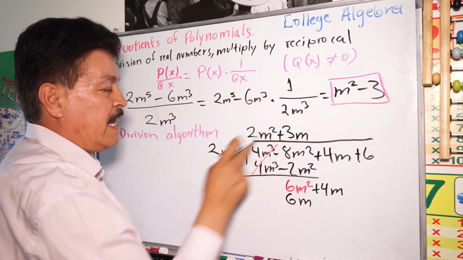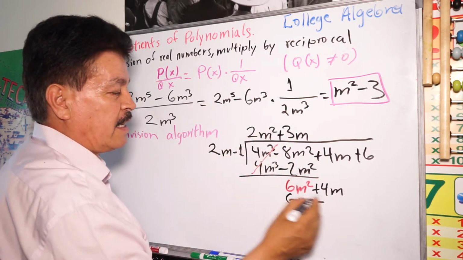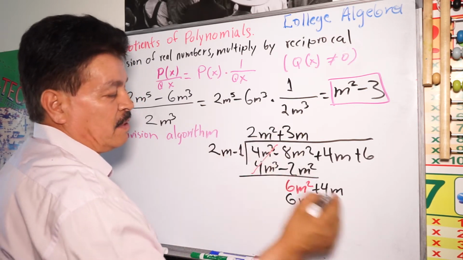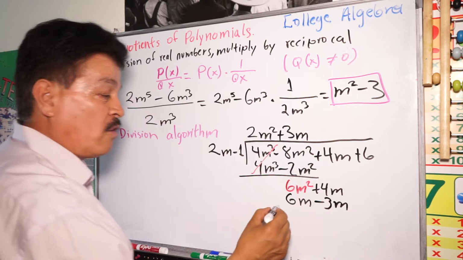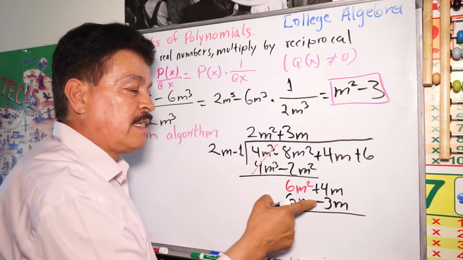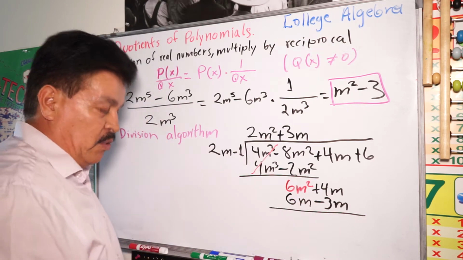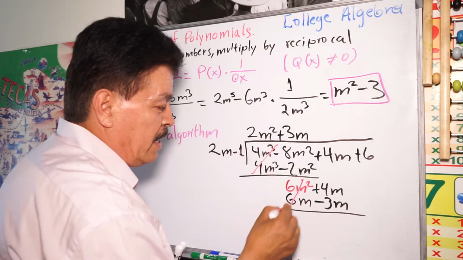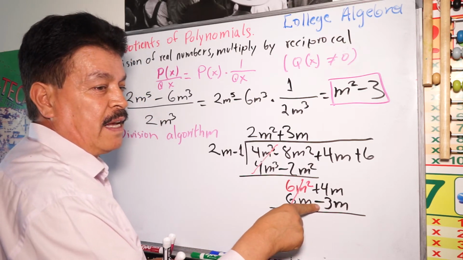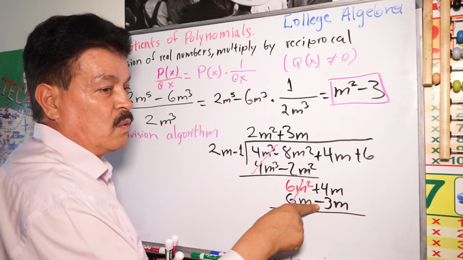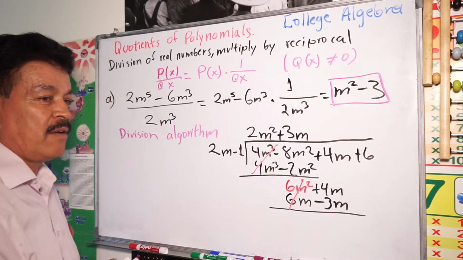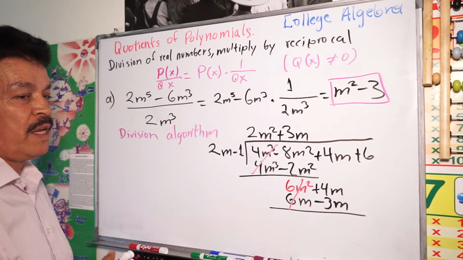Positive. 3 times this negative: negative times positive is negative. Here 3 times 1 is 3, and 3 times m is 3m. Now subtract and change the sign. This number is going to be negative and this is going to be positive. If you do that, then this cancels and this changes to positive. What is the answer now?